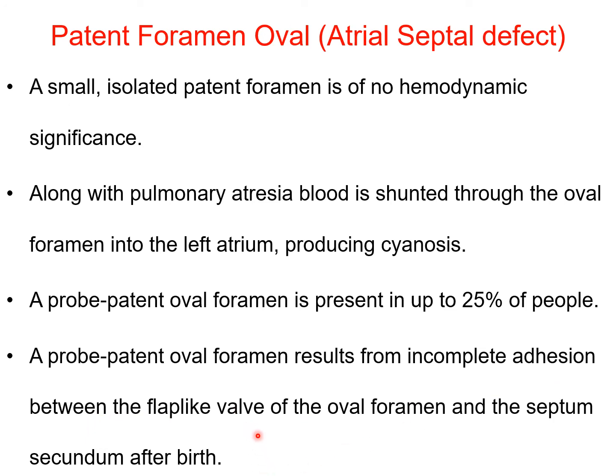So this is the embryological reason: if the foramen ovale is not completely adherent and the septa are not completely stuck together, there is a space, and that space is known as probe patent foramen ovale. So that is the embryological reason.